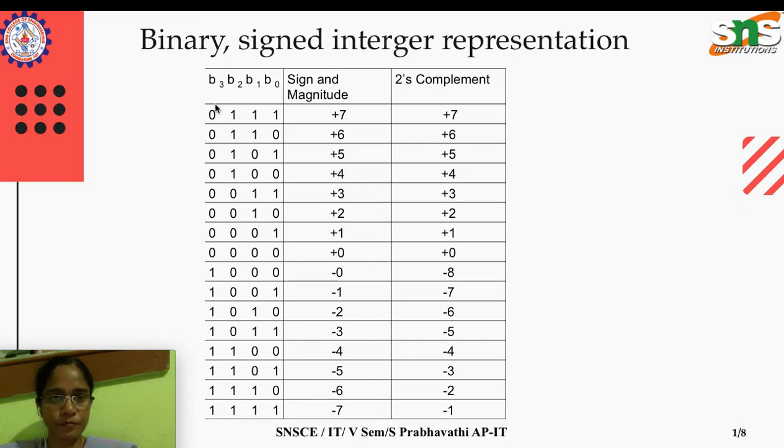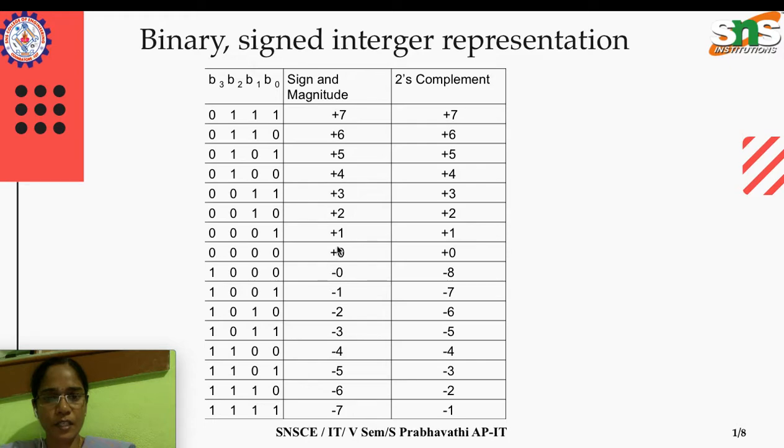If the MSB is 0, it indicates a positive number. See here, these are all zeros, so in signed representation we have the positive numbers. If the MSB is 1, it represents a negative number. Here the MSBs are all 1, so in sign magnitude we have the representation as minus 0, minus 1 up to minus 7.